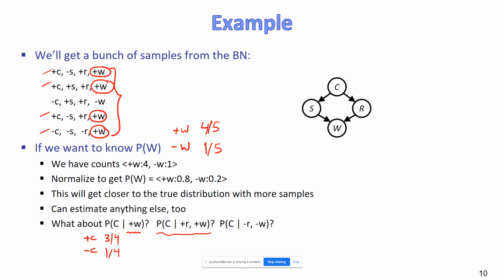You mean 3 samples? Okay, so let me erase this because that's now confusing. So which samples should we focus on? First, because we have plus R plus W. Second, and fourth.